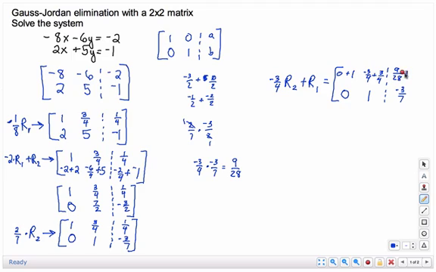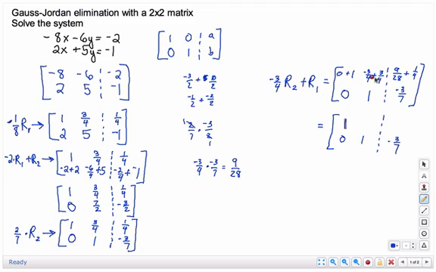And we need to add that to row 1, which was 1/4. Okay, now we need to just simplify this. So the bottom part is going to stay 0, 1, and a negative 3/7. Now this top part gives us a 1.